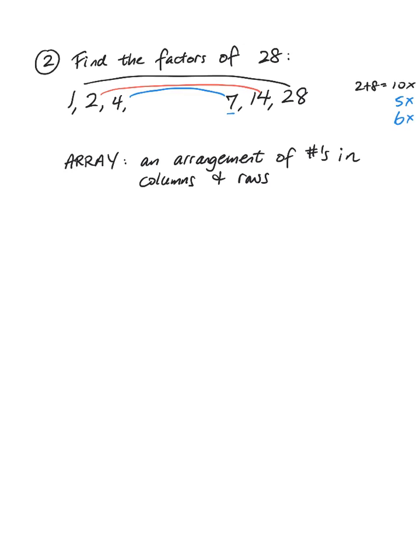Now, you wouldn't have repeat arrays. So in this case, the arrays of 28 are 1 by 28, 2 by 14, and 4 by 7.